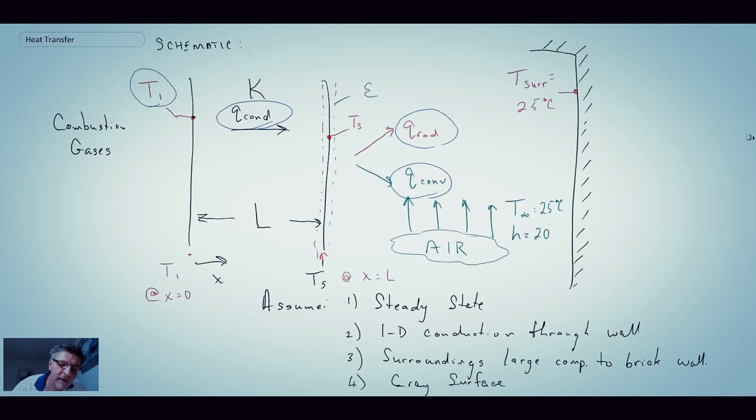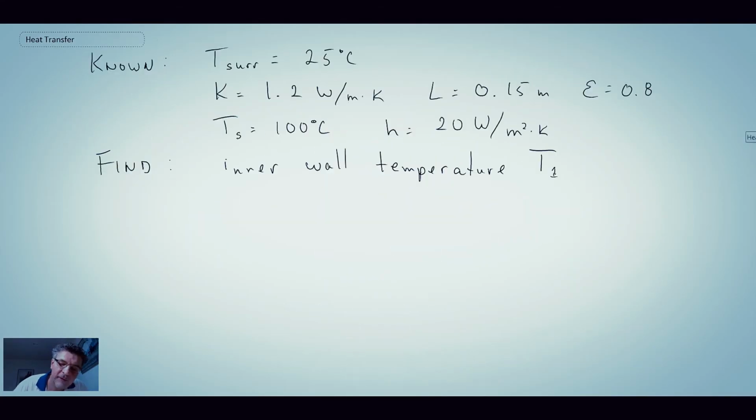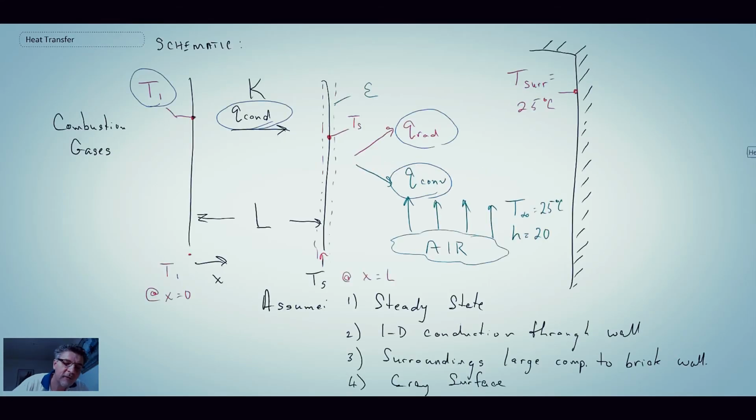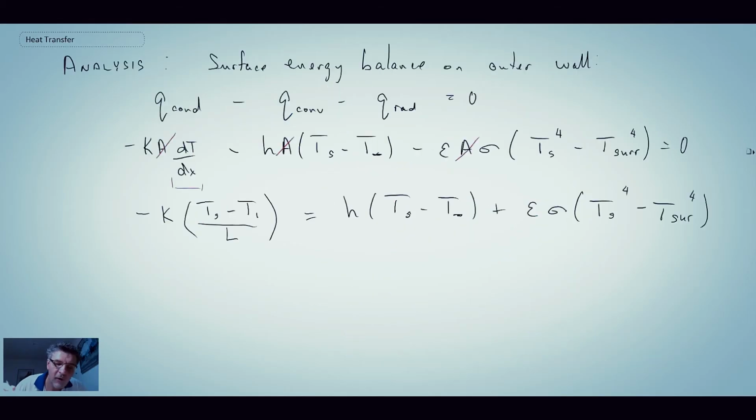So let's come back and look at our schematic. First of all, what are we trying to find? We're trying to find the inner wall temperature T1. This is the thing that we're after. Consequently, with our energy balance equation, we should be trying to isolate for T1. So let's rearrange this equation and isolate for T1.